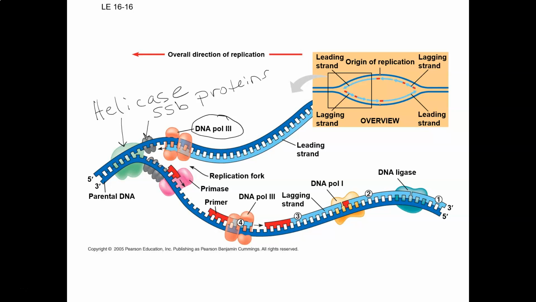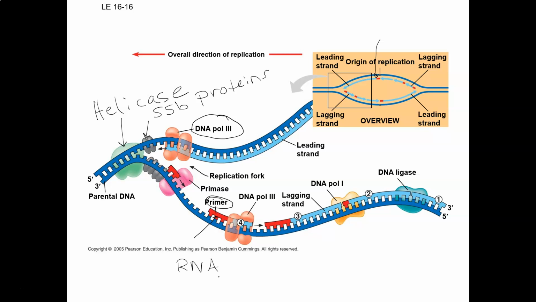First of all, it can't start a strand on its own. It has to have a little piece of RNA to start from. That we call a primer, and they're showing that in red. So these little red areas that you see, the primers, that's actually RNA.